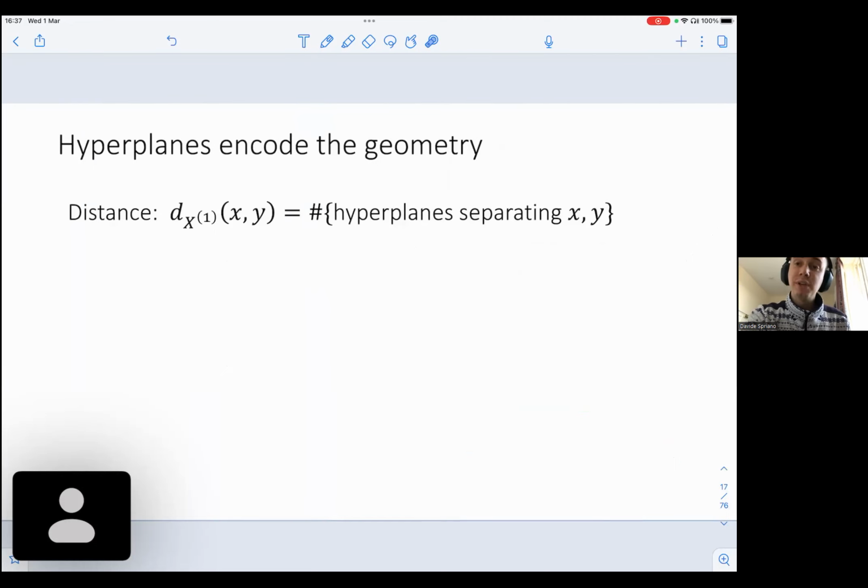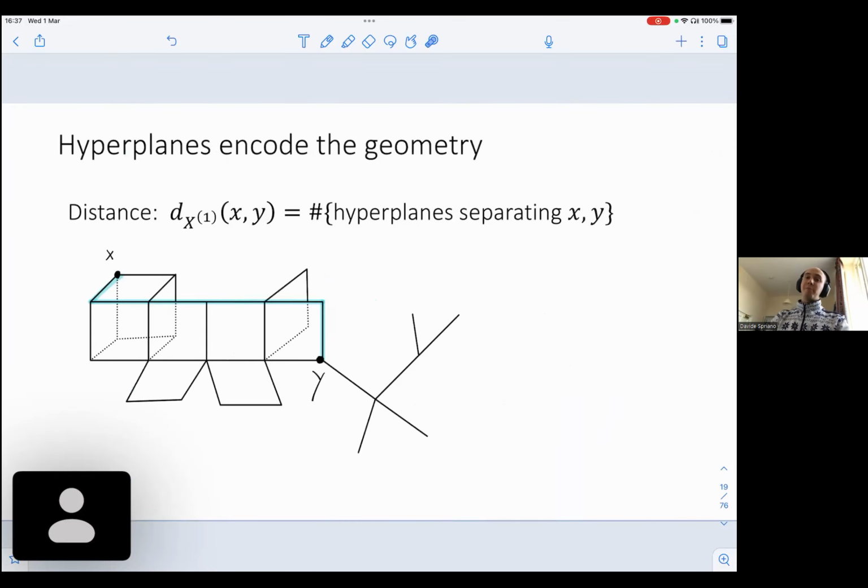If I now just look at the distance in the one-skeleton, so this is the distance between two vertices, those need to be vertices, in the one-skeleton of a Cat0 cube complex, and in particular I'm looking at the path distance on the graph, this is the same as the number of hyperplanes that separate x and y. So let's do a proof by example.